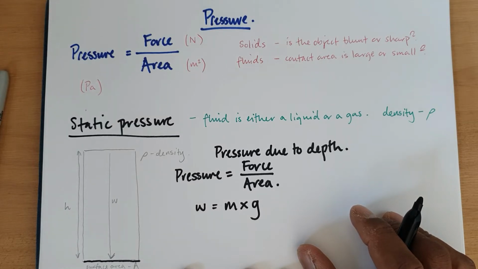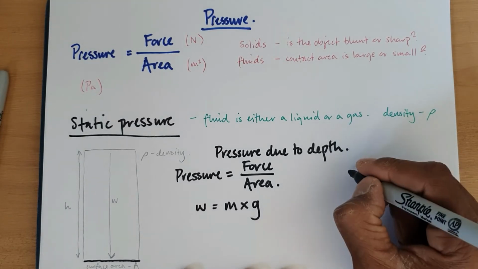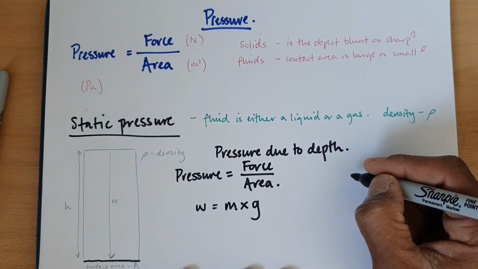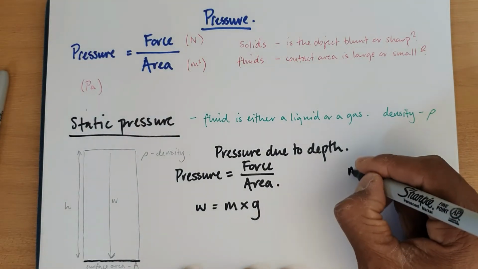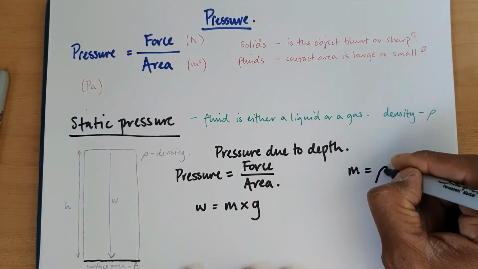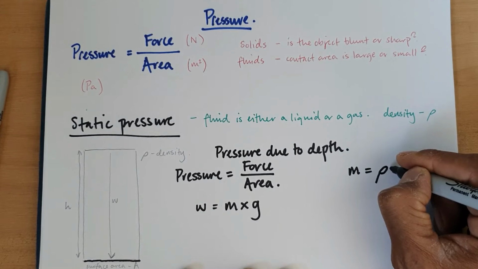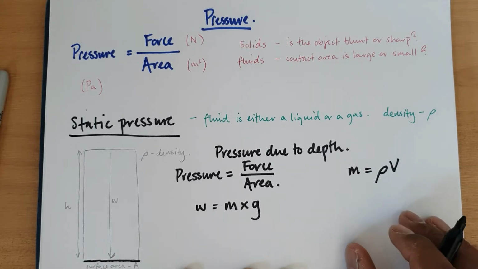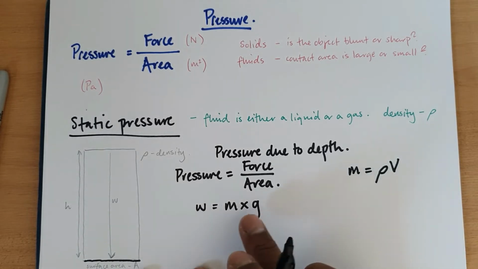And you also know that the mass of a column of liquid is equal to the density, rho, times the volume, V. So what we do is we plug this into this equation.